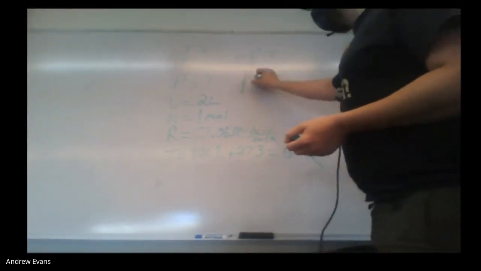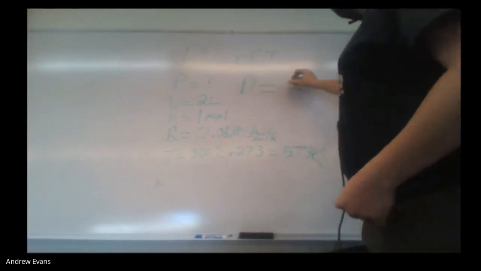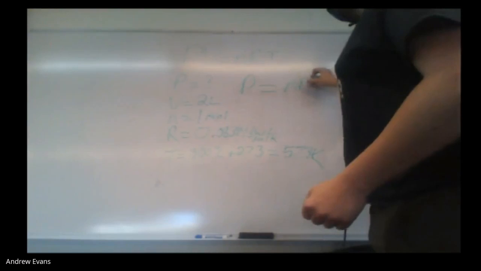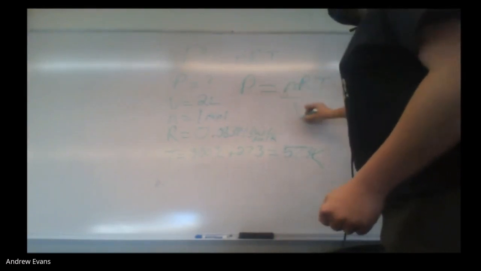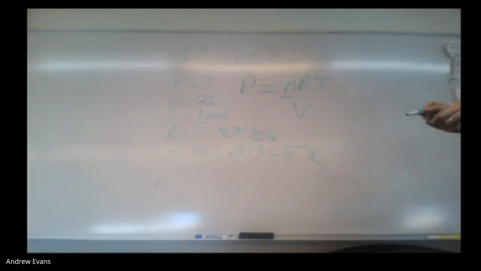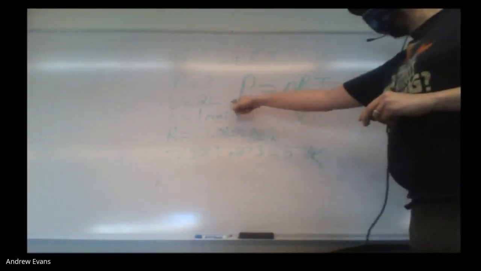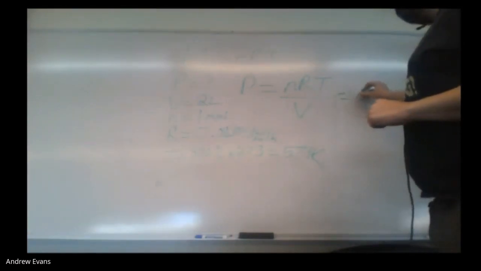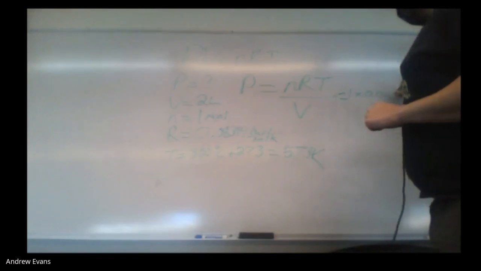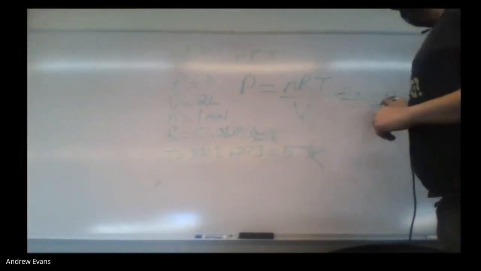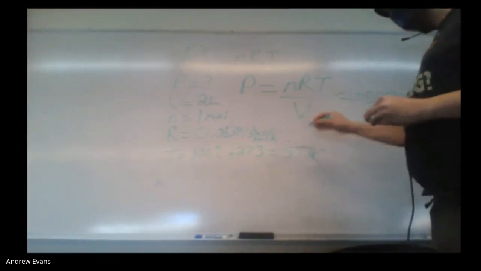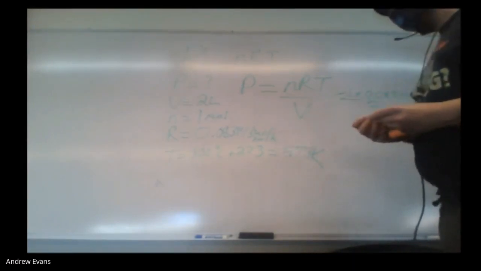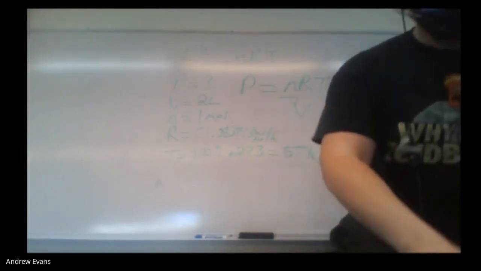To do that, we divide both sides by V, so we have P equals nRT over V. We plug in everything we're given: 1 times R times 573 divided by 2. The units are bar liters per mole Kelvin; moles cancel, liters cancel, Kelvin cancels, and we're left with units of bars.